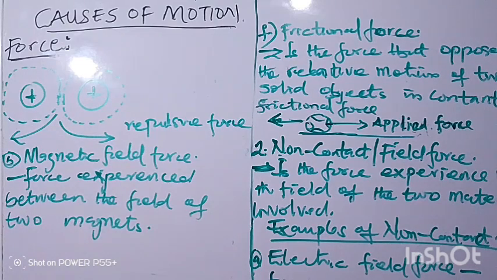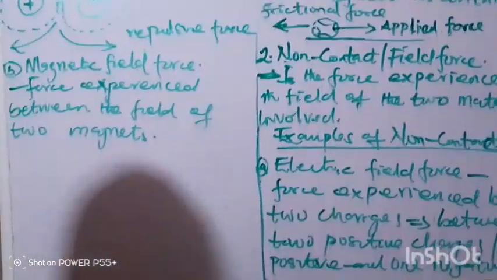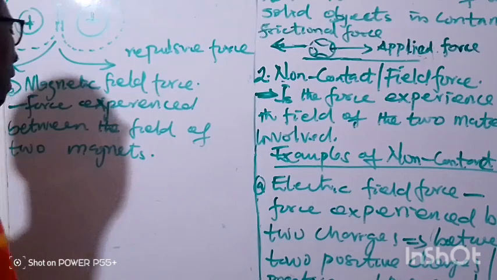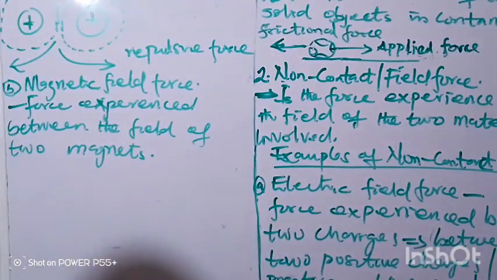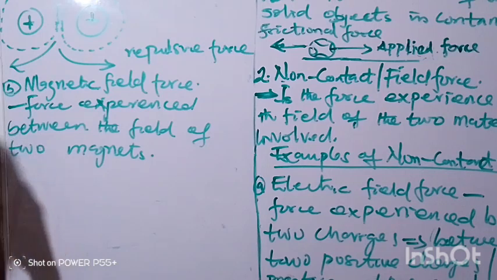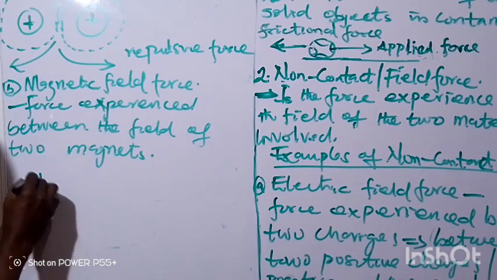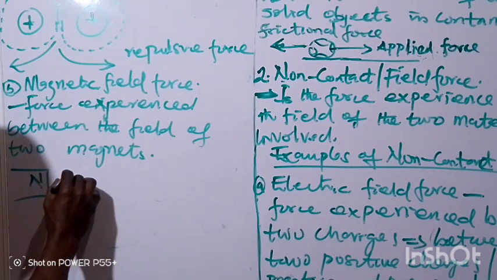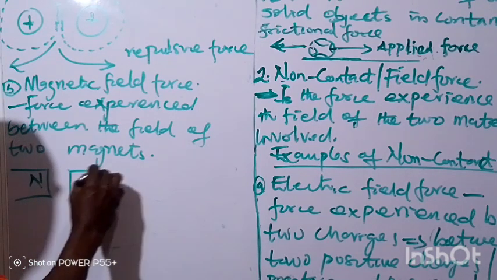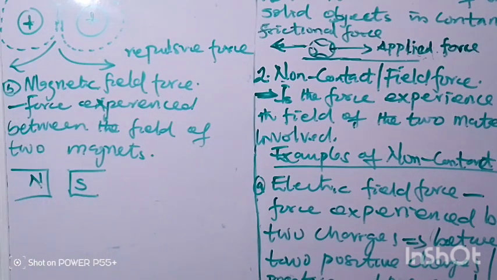Magnets, we have two poles, north and south pole. So when you have a magnet, let's say this is north pole magnet and is brought to south pole magnet. Now, since this one is north, this one is south.